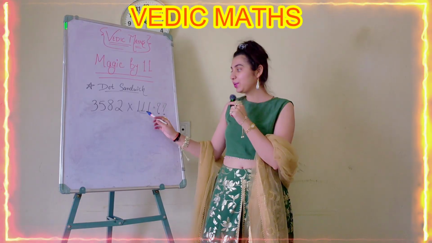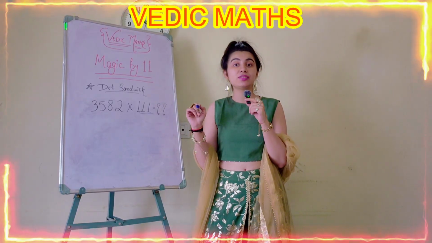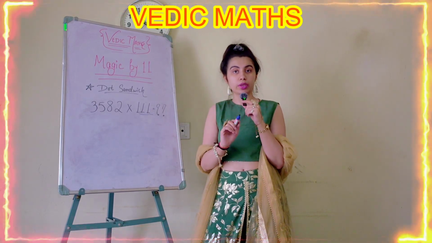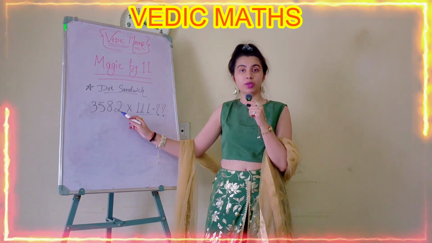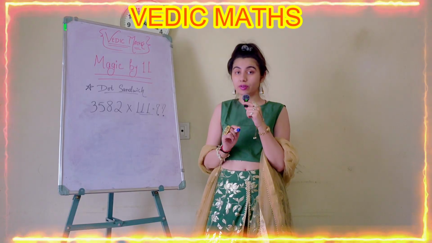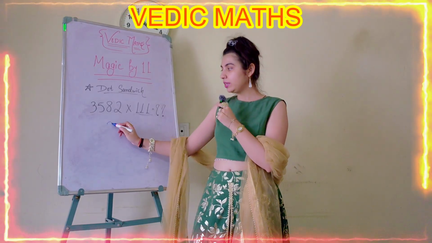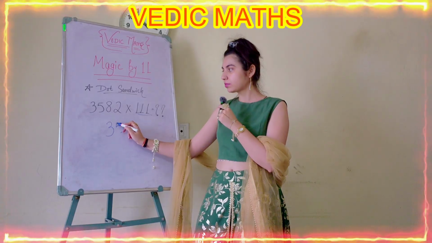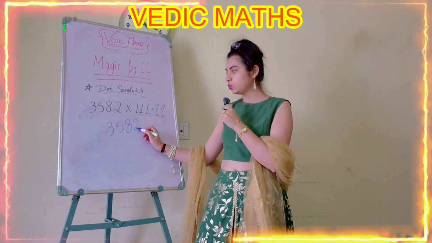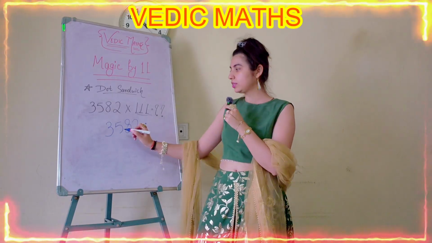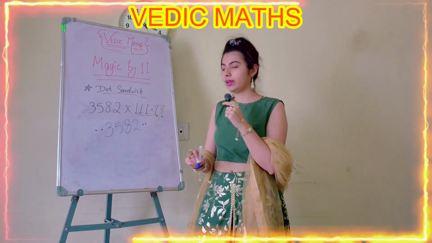Here, since there's 111, there will be 2 dots, so the number will be sandwiched between 2 dots. Now what we're going to do is write 3, 5, 8, 2, the number itself, and put 2 dots over here and over here.